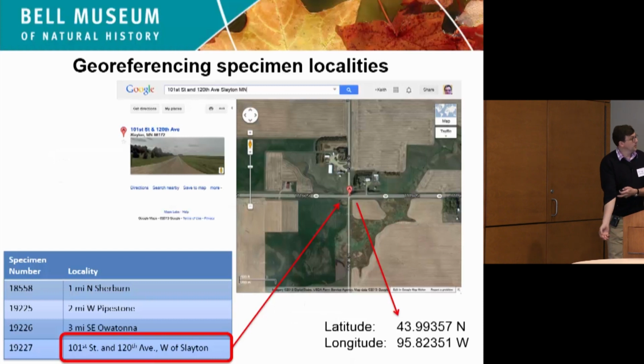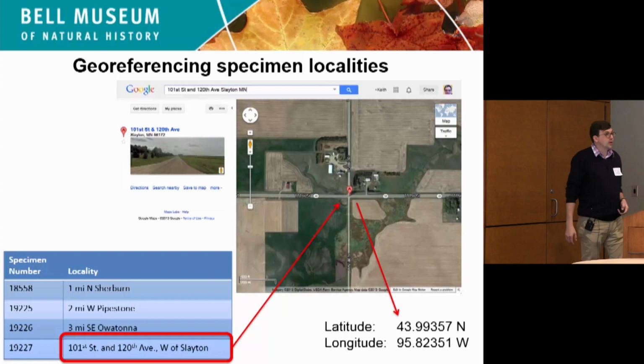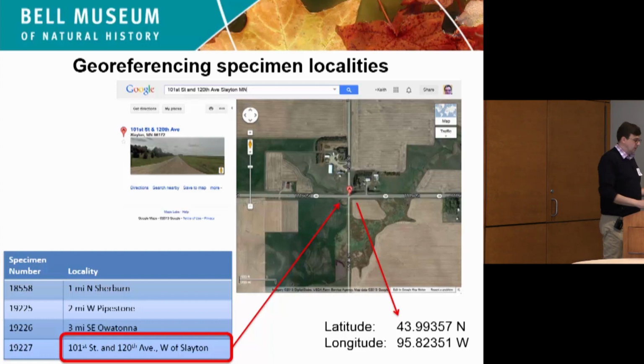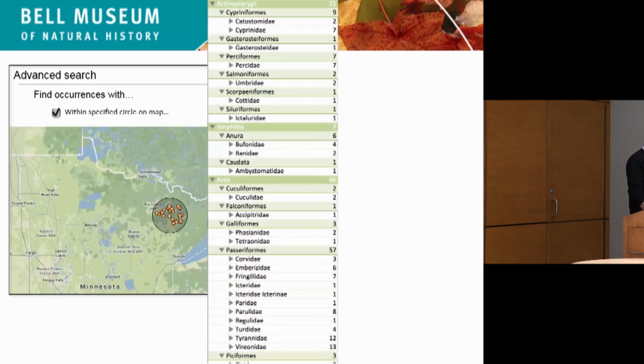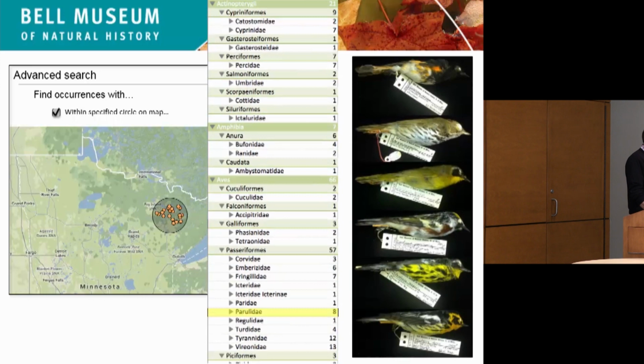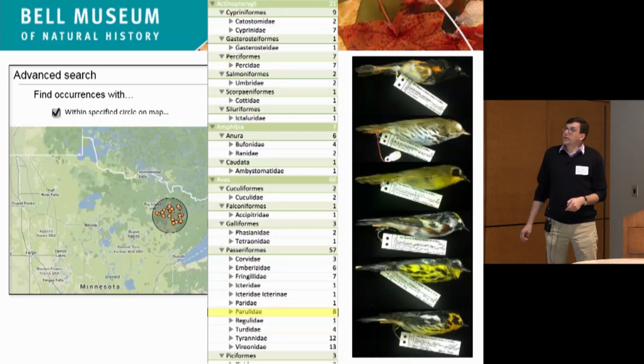So some of the things that we will be undertaking is to pinpoint to the best of our ability the geographic location of each specimen with latitude and longitude coordinates, so that the distributions of these specimens can be captured through our interface.